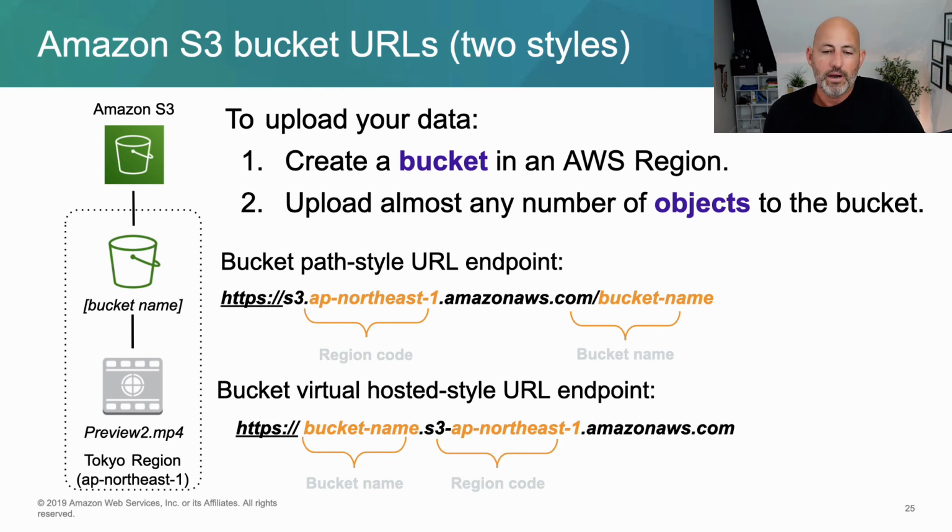One is the bucket path style. The other is the virtual hosted style. In general, the path style would be HTTPS, S3 dot the region code, then amazonaws.com, and then the bucket name. The virtual hosted style would be HTTPS, the bucket name, dot S3 hyphen whatever the region code is, like ap-northeast-1, and then amazonaws.com.